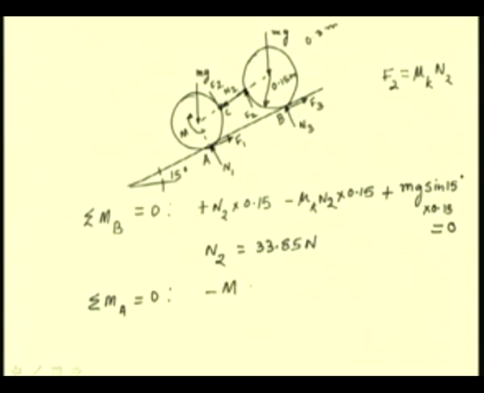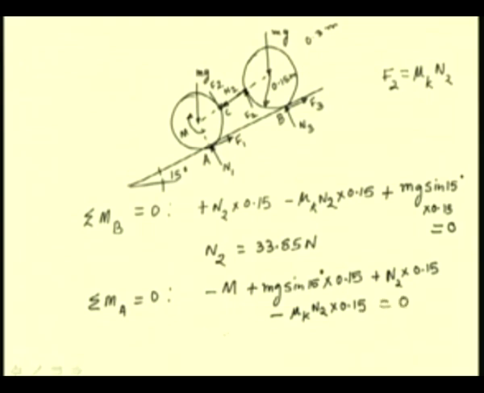So, we have minus M, then the moment of this weight mg about this point A. So, we have plus mg sin 15 degrees, the moment arm for the same is 0.15 meters, plus N2 times 0.15, minus mu k times N2, which is the frictional force F2, times 0.15 equal to 0.